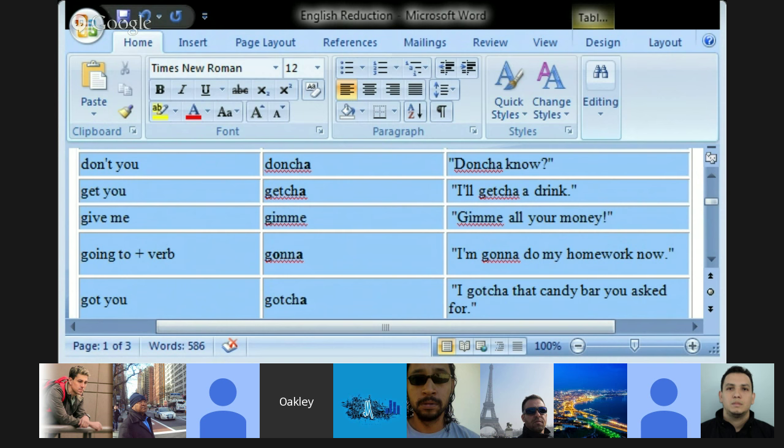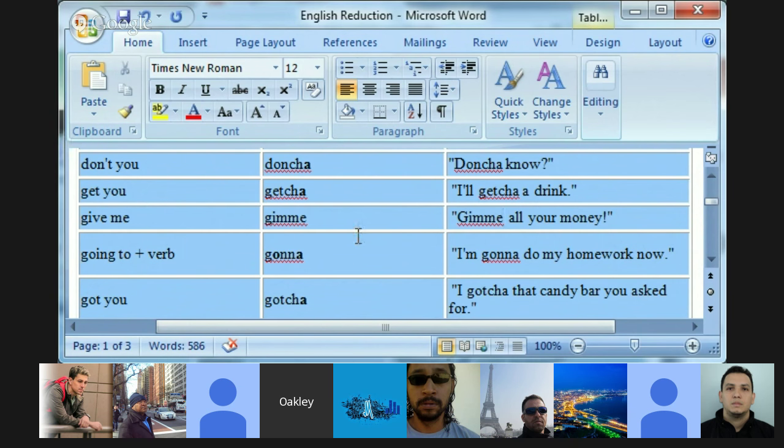How y'all doing tonight? Well, okay, but they've taken that reduced form, and now they use it in ways it really shouldn't be used. This kind of stuff is more for understanding spoken English than trying to copy, because it's really hard to. Well, you don't have to do it.